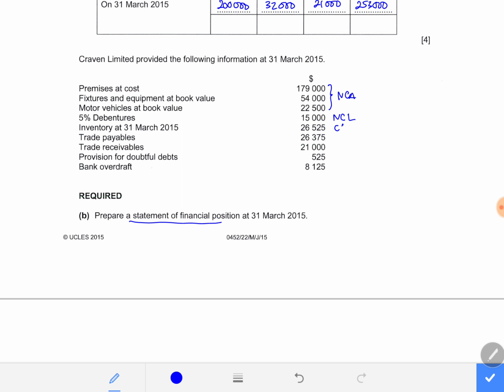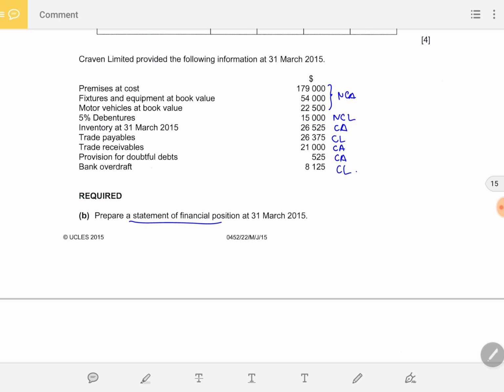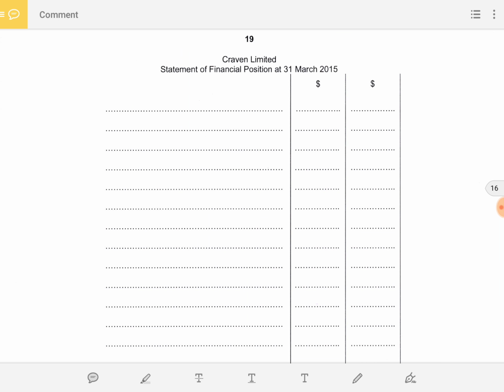Inventory at the end is considered as a current asset. Trade payables are current liabilities. Trade receivables are current assets. Provision is deducted from current assets. Bank overdraft is a current liability. Out of all these, we will prepare the statement of financial position.